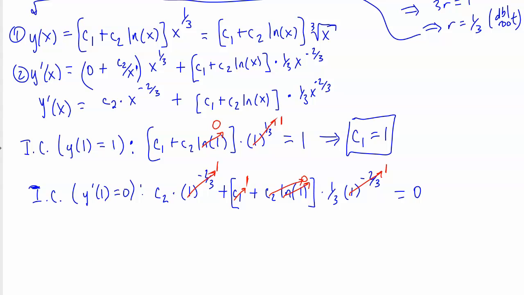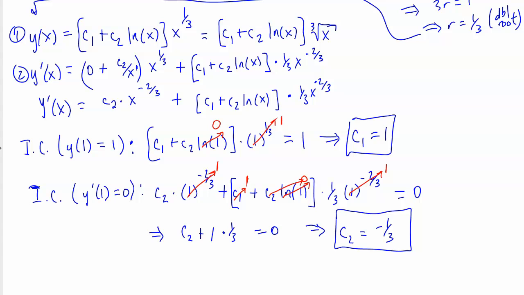So therefore, what this means here is that we have C2 plus, and this is just 1 plus 0 here, so that's just 1 times 1/3, and that equals 0. And of course, this 1 times 1/3 here is just 1/3. So we see here that C2 would actually just end up being a negative 1/3.